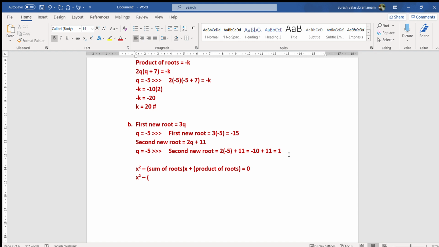The first new root is negative 15 plus 1, x, plus product of roots, negative 15 multiply 1, equals to 0. So x square, negative 15 plus 1 is negative 14. Negative becomes plus 14, plus 14x. Negative 15 multiply 1 is negative 15. So x square plus 14x minus 15 equals to 0.